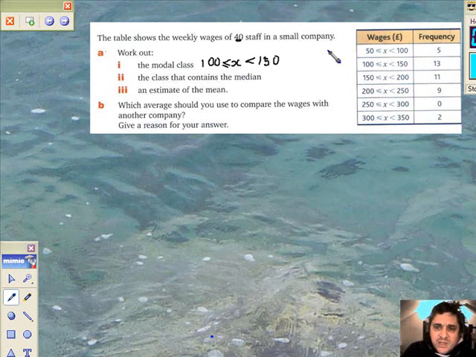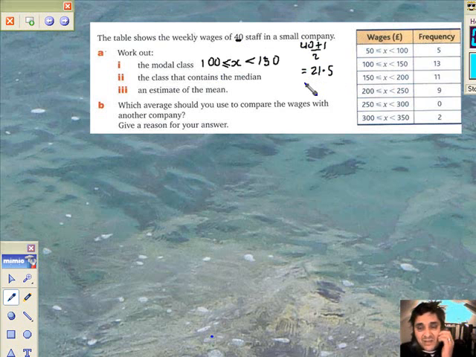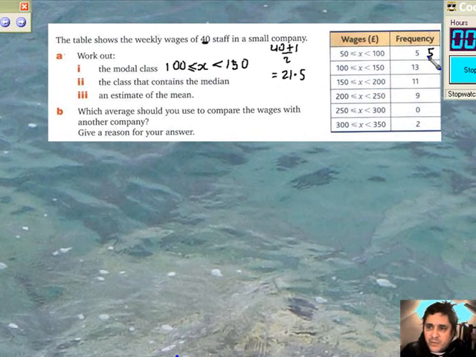Which class contains the median? Well, I've got 40 staff, so we're looking at (40 + 1) ÷ 2, which is staff member 21.5. Again, nonsense. In reality, you can't have half a worker unless they got caught in a machine or something. So far we've got 5, 8 plus 13 is 18, plus those 11 gives us 29.